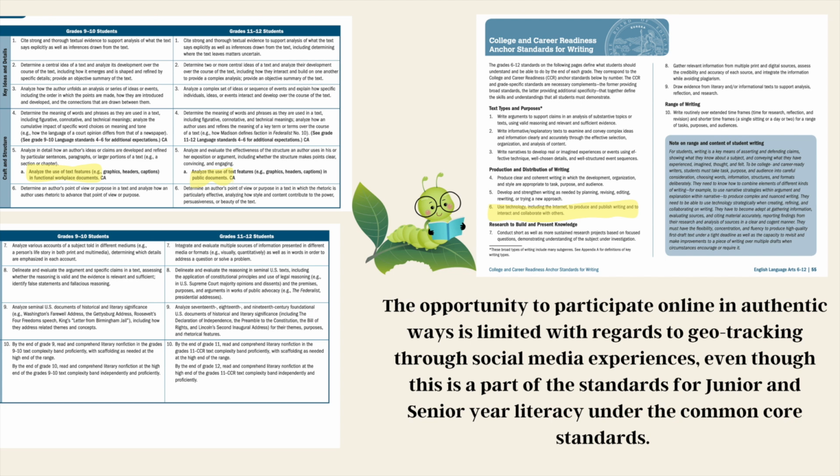If you look over here to your left, additionally, for 11th and 12th grade students, and even venturing into 9th and 10th grade, students need to be looking at authors' ideas, how they're developed and refined by particular sentences, paragraphs, larger portions of text, and evaluate the effectiveness or structure of people's arguments, whether things are made clear, convincing, or engaging in public documents.